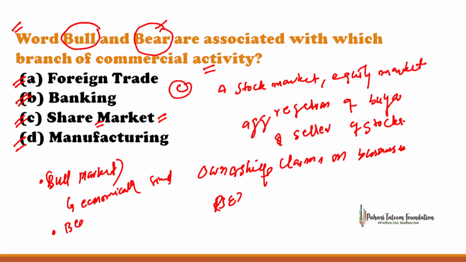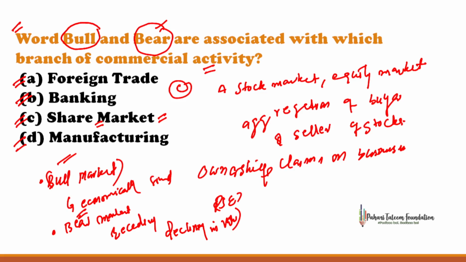A bear market is a market that is receding, where most of the stocks are declining in value. So a bull market is a market that is on the rise and is economically sound, while a bear market is a market that is receding, where most stocks are declining in value.